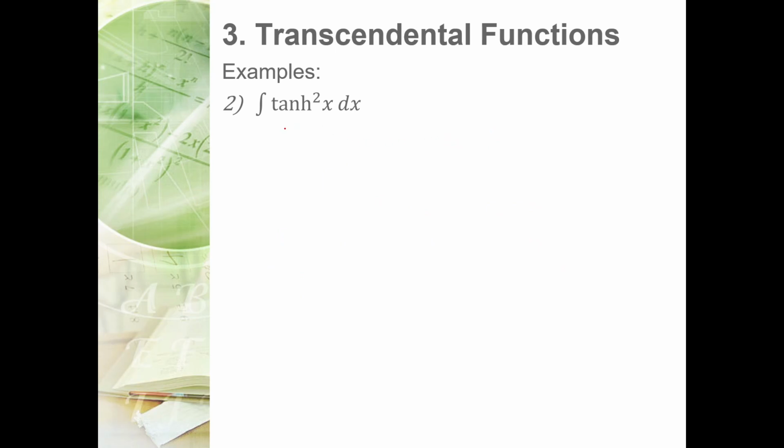Next, we have the integral of hyperbolic tangent squared x dx. How do we answer this one? If you look at the formulas, we don't have any integral for hyperbolic tangent squared x.